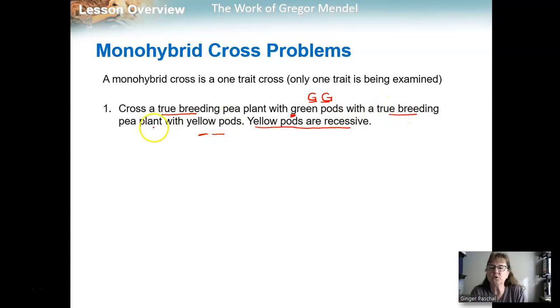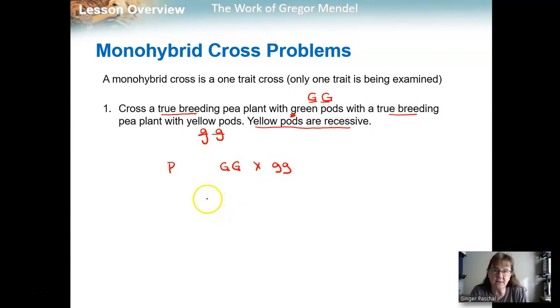We also have a true breeding pea plant that has yellow. So since yellow is recessive to green, we have 2 lowercase g's as the genotype for that individual. So our parent generation is capital G capital G crossed with lowercase g lowercase g.